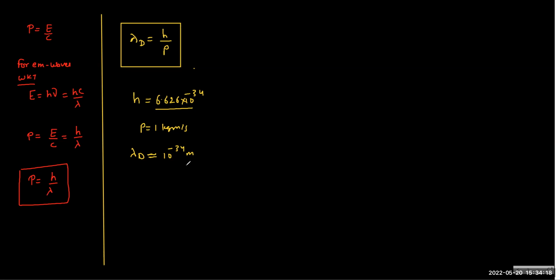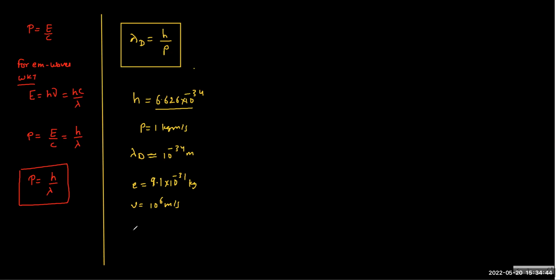Whereas if we talk about particles like the electron, the electron has a mass of how much? 9.1 into 10 power minus 31 kg. Let's say it is moving with the normal velocity we take, 10 power 6 meter per second, which is 1/100th of the speed of light.